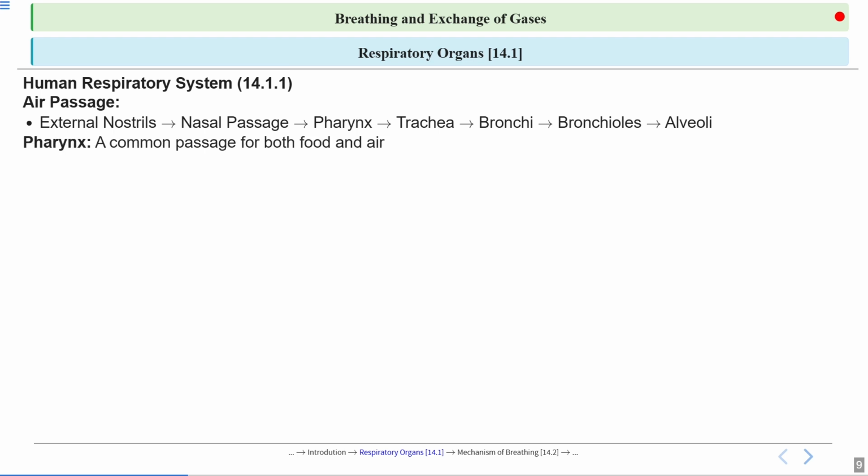Okay. So what is the pharynx here? Pharynx is the common passage for both food and air. Air is inhaled through the external nostrils or through the mouth. This air reaches the nasal chamber, and from the nasal chamber it reaches the pharynx.